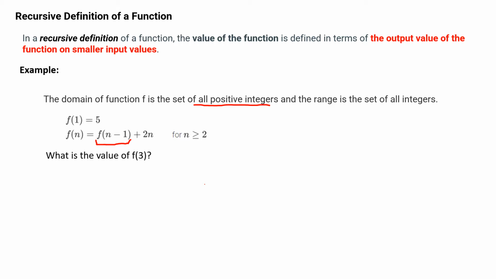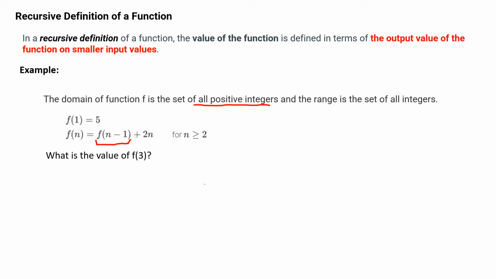So let's say that we want to find the value of f of 3. With functions that are defined this way, we can't just put the value that we want into one little expression and find the answer. We have to find each one from the very beginning.